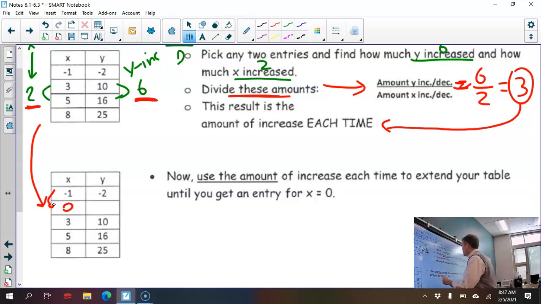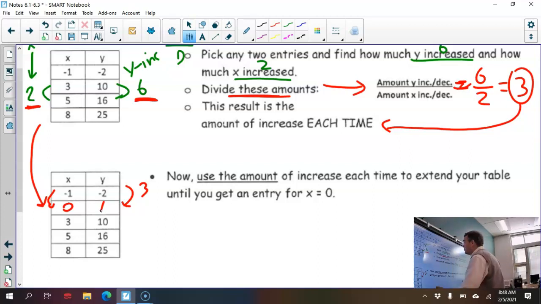I now know that the table goes up by 3 each time. So when x goes from -1 to 0, the y value must go from -2 to 1, because I know it's going up 3 each time.